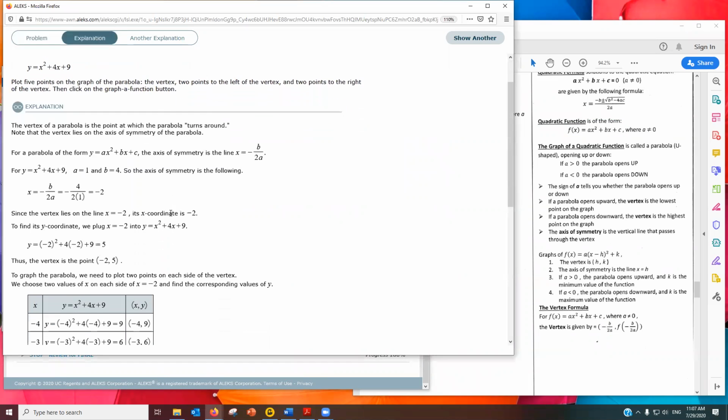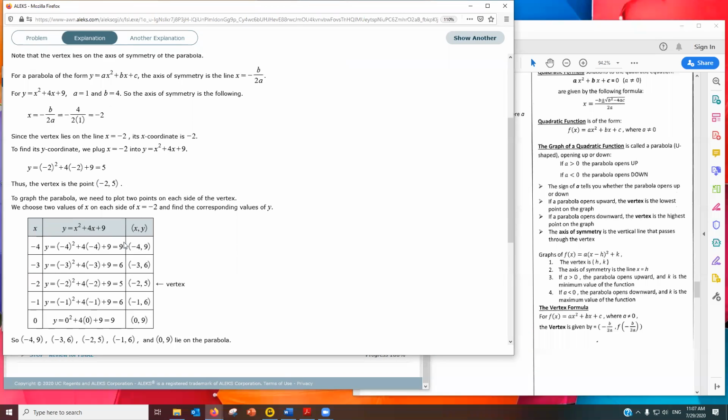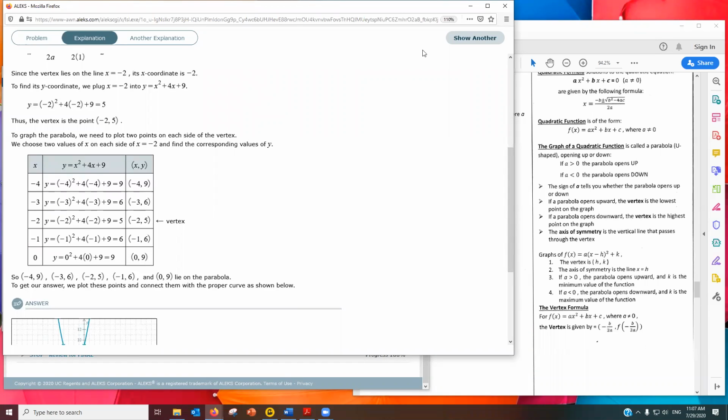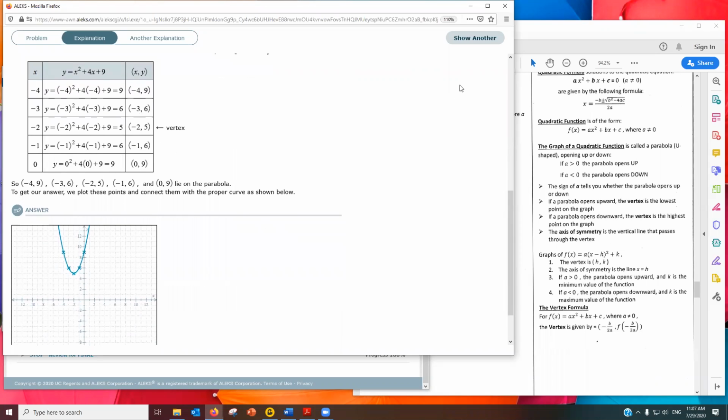All right. So notice they worked out here negative b over 2a. They got negative 2. They plugged in negative 2 back in the starting equation. They got 5. So the conclusion, the vertex was negative 2 comma 5. Then you come and set up this table. So notice here in the table, we put negative 2 comma 5 is like the middle row in this table, because that's the vertex.